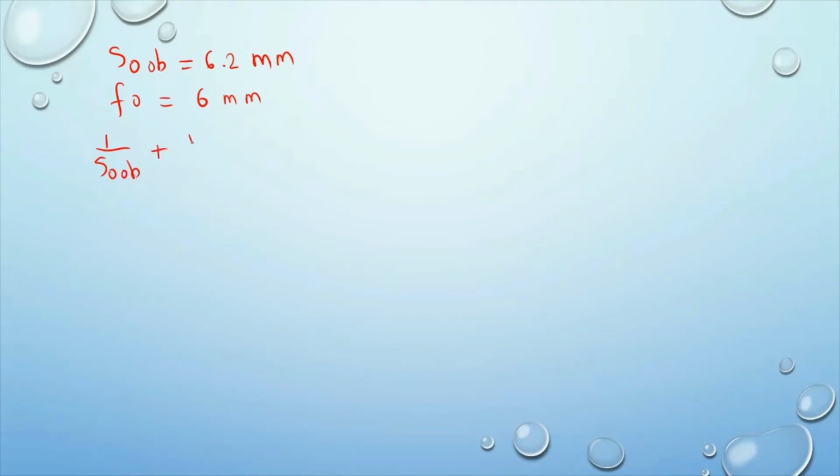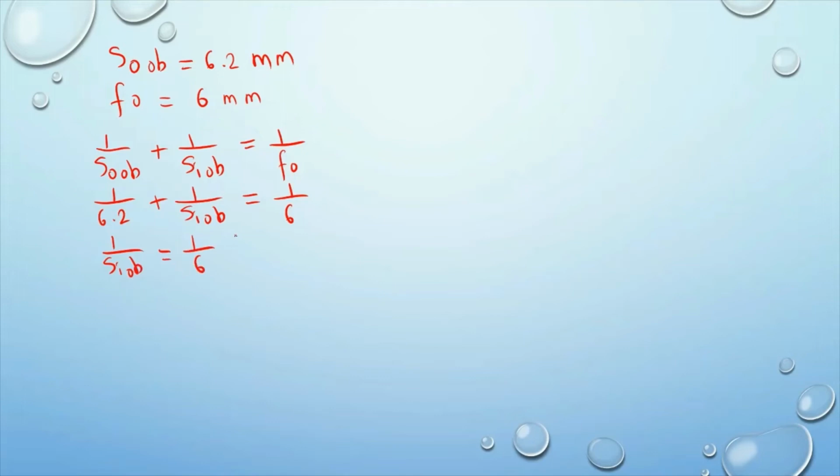1 over S_OOB plus 1 over S_IOB equals 1 over F_O. This gives us 1 over 6.2 plus 1 over S_IOB equals 1 over 6. So 1 over S_IOB equals 1 over 6 minus 1 over 6.2.